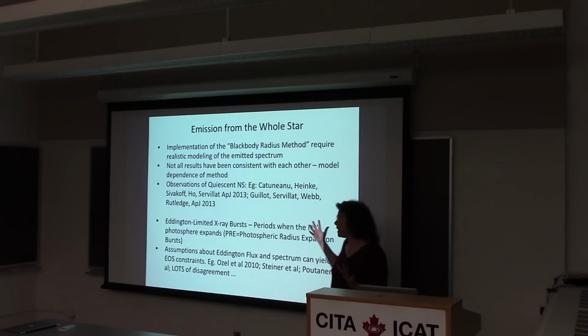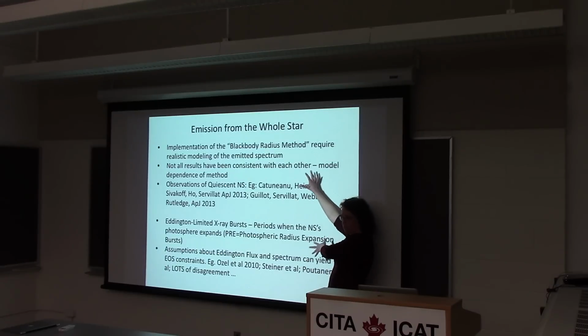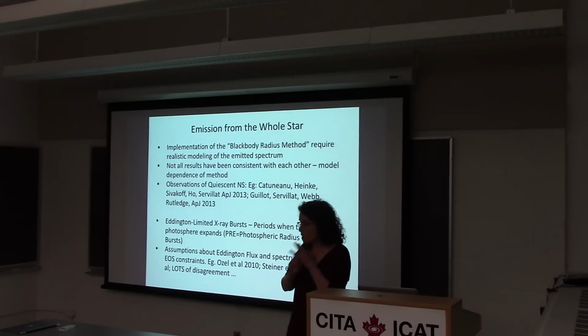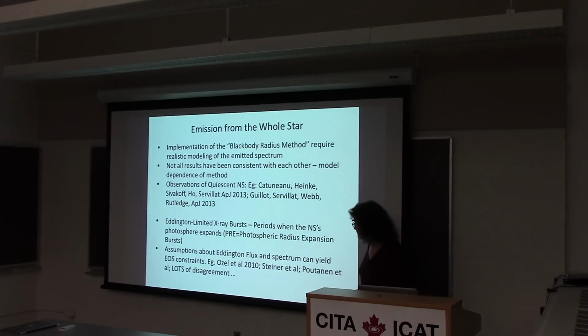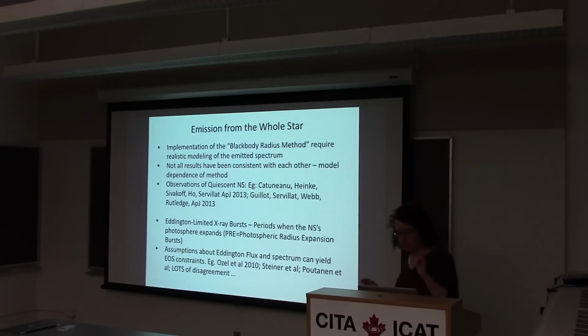I'll just comment that both of these types of observations have a lot of assumptions that go into them, for instance what kind of spectrum you're using, and a lot of details about how to choose which data you're looking at. But they can all come up with some values. Most of them are not particularly constraining, and none of them agree with each other. So it's a field that's still fairly new.